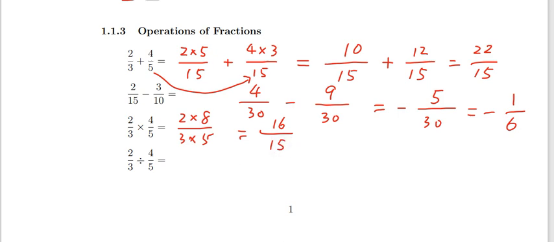And this division, we can change to multiplication. We just multiply by the reciprocal, so 5 over 4. So this equals 10 over 12, or simplified, 5 over 6. Okay.